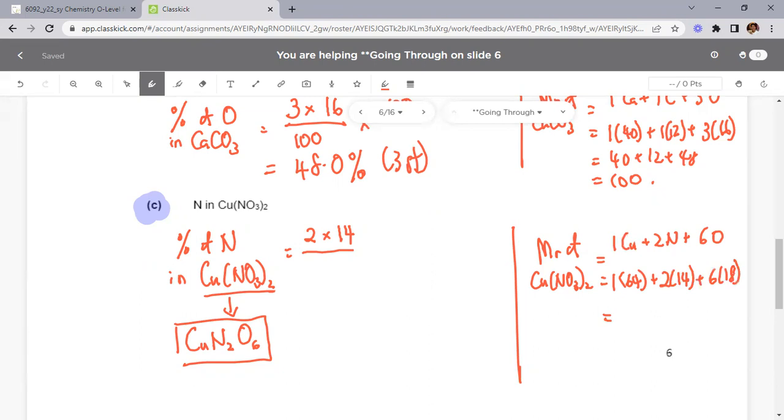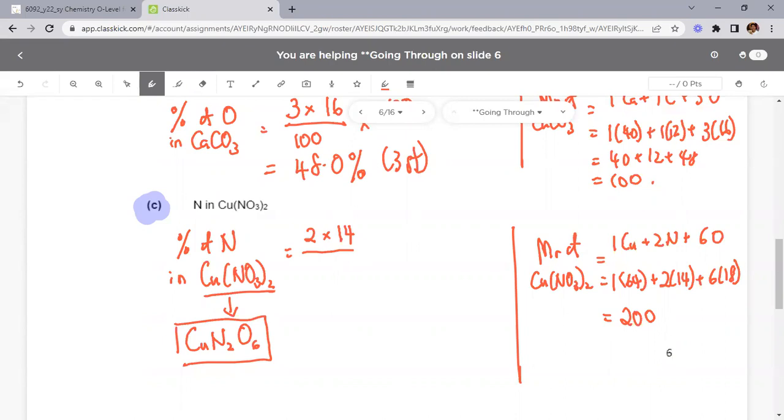So 64 plus 28 plus 6 times 16, you're gonna get 200. Can I just check everyone? You all should have 200, right? I just double check one more time, just in case. Oh no, wait. My calculator is giving me weird numbers. Okay, but it should be correct, 200.